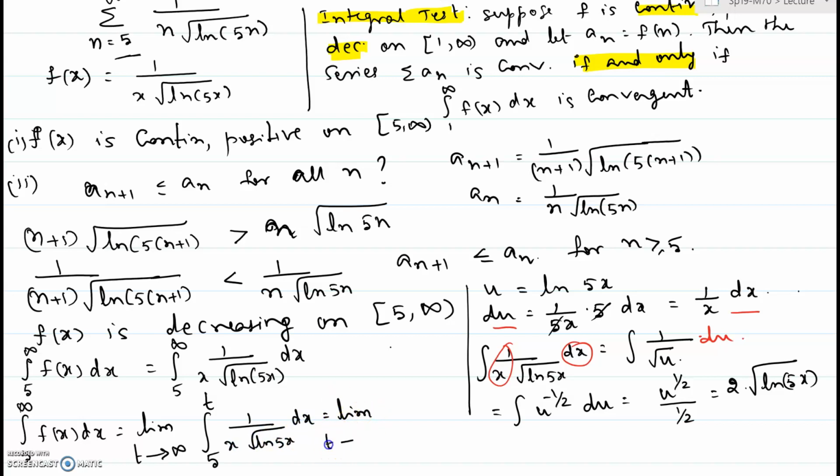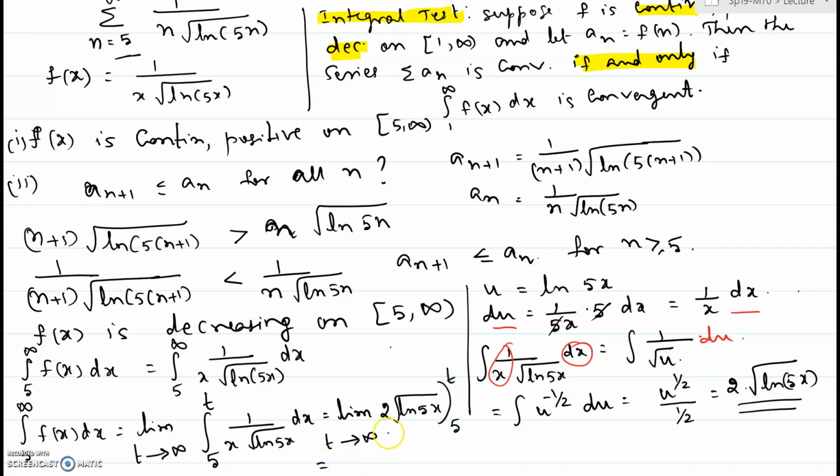It is the limit as t approaches infinity of 2 times square root of ln of 5x between the limits 5 and t.